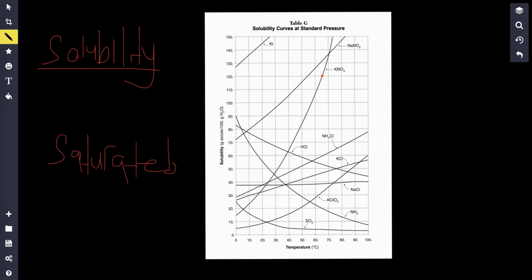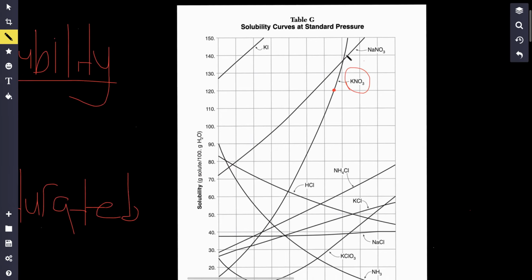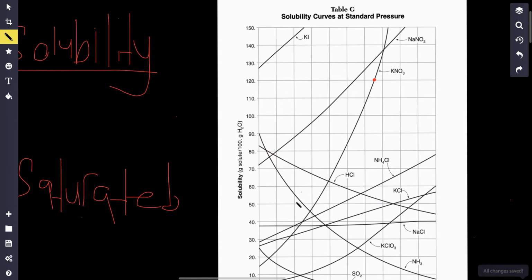Well, in a saturated solution, you've reached the maximum amount of salt that you can dissolve. So a saturated solution is the maximum amount of solute, or in this case my salt, that I can dissolve in my water. Anything on a line is a saturated solution.